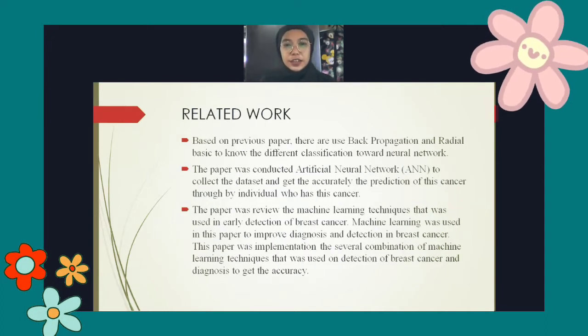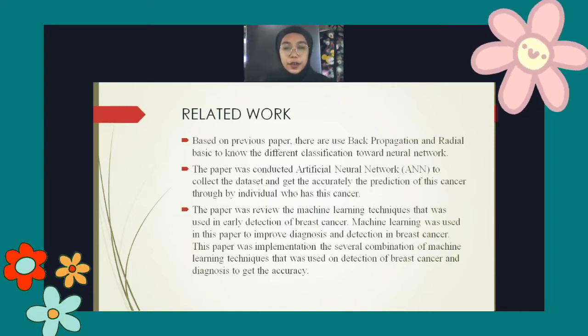Next, for the related work, previous papers used backpropagation and radial basis to find the different classifications in the neural network. There are also papers that used artificial neural networks to collect the data and get a thorough prediction of this cancer.